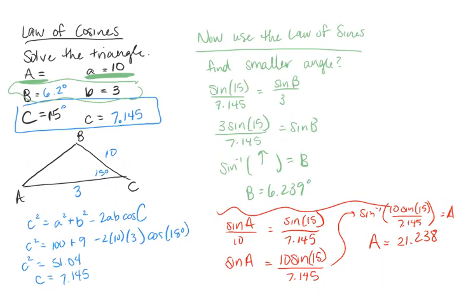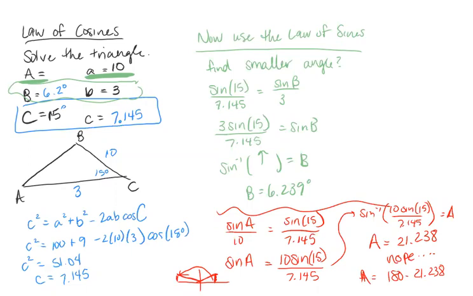21, 6, and 15 isn't 180. So that's not it. So what you would do instead is do the A has to be 180 minus 21.238. And that's because 21 degrees right here has the same height as that angle over here, this angle is 180 minus 21.238.